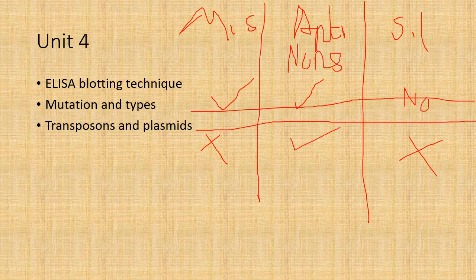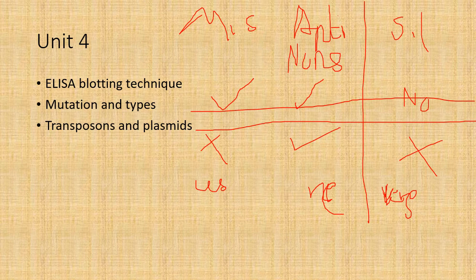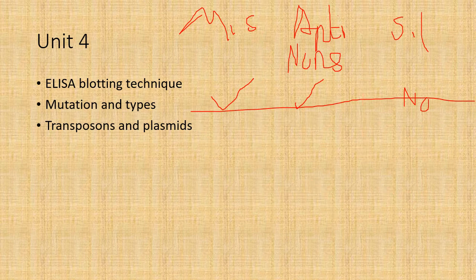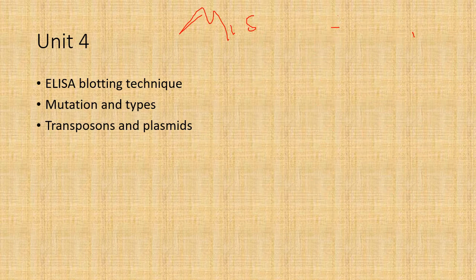Missense is a little less common. Antisense is quite common. Silent is very, very common. There are various silent mutations. So these are the few differentiating points between the types of mutations. Transposons are basically jumping genes, just remember that. And what are plasmids? Plasmids are vectors.